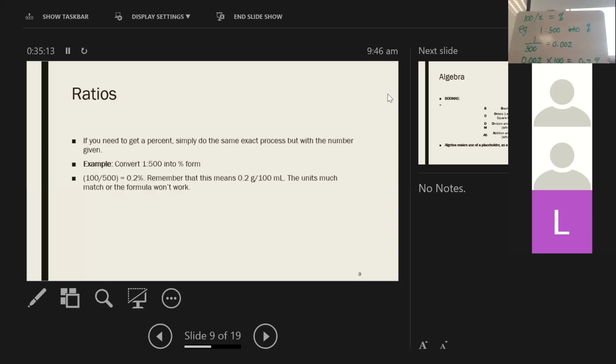Now, what is 0.2% as a fraction? Write 0.2% as a simplified fraction. Write it as a fraction. 0.2% in the form of a fraction.